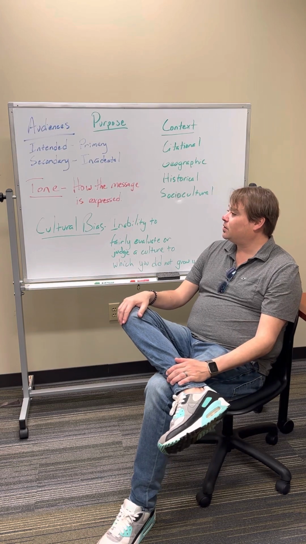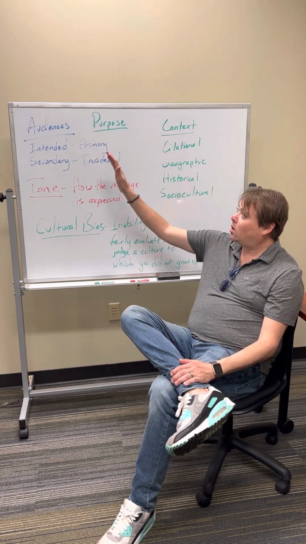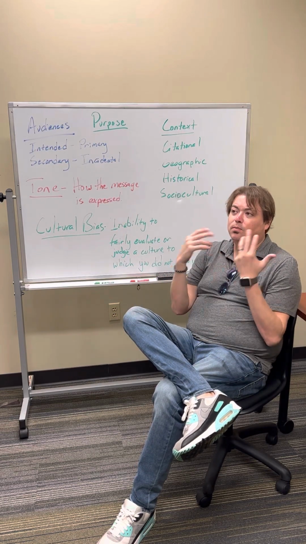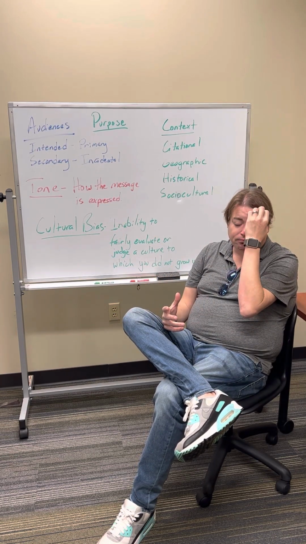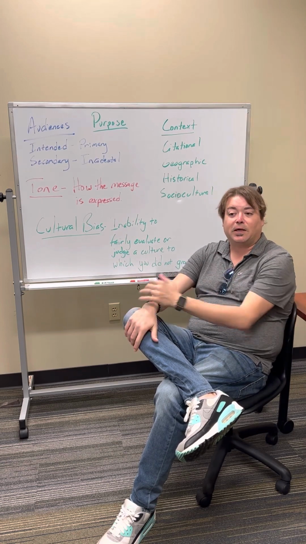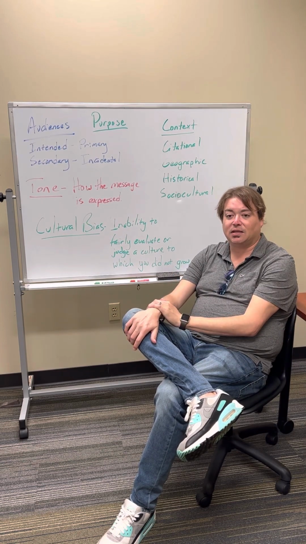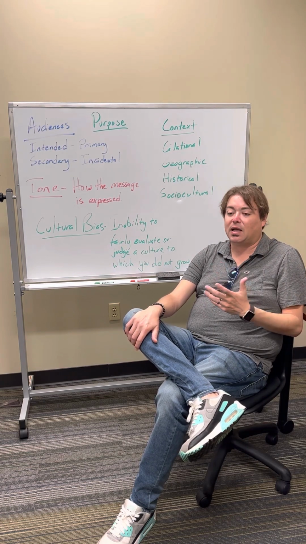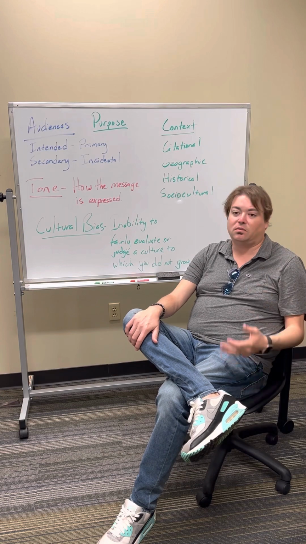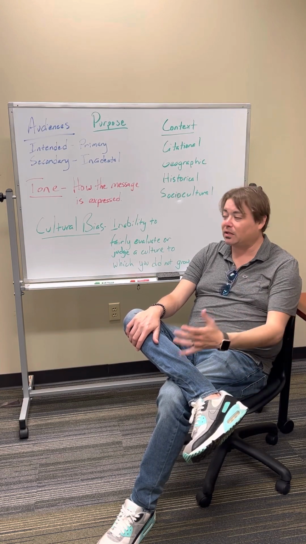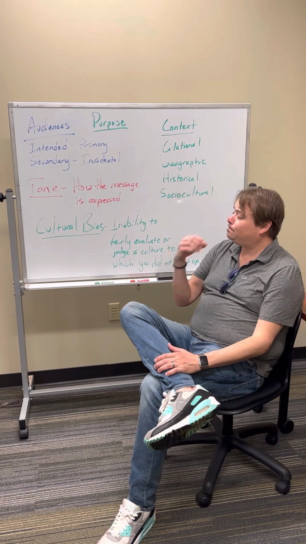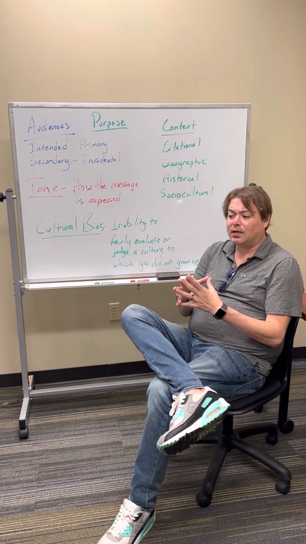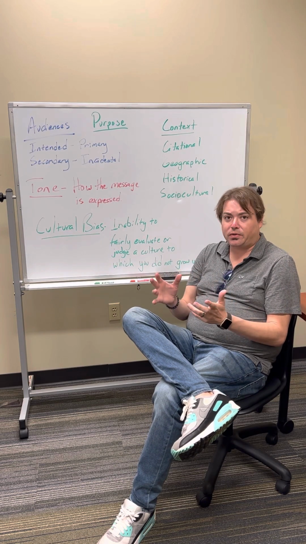So the first thing we're going to talk about today are audiences. So when a writer approaches, or a creator, if you're talking about some type of content like music or web content or a podcast or a movie or a book or whatever it might be, there are always two audiences that are sort of snared by that.